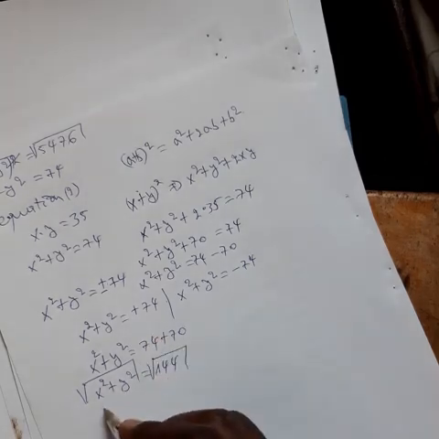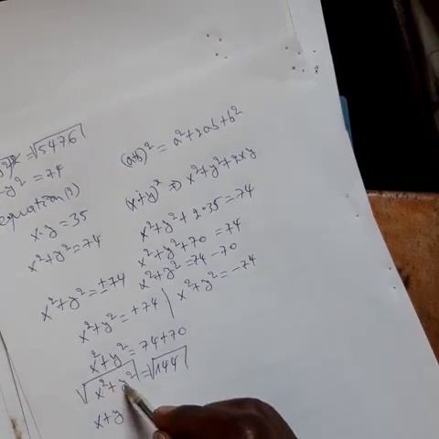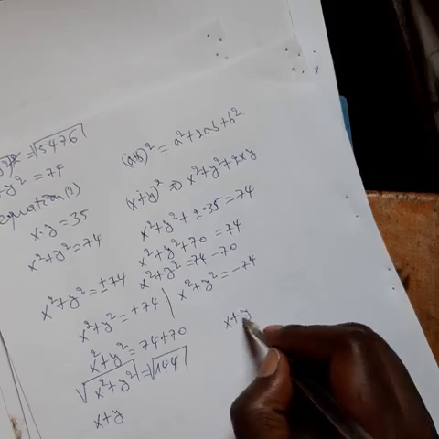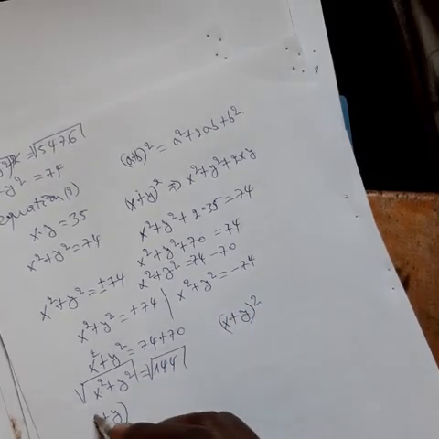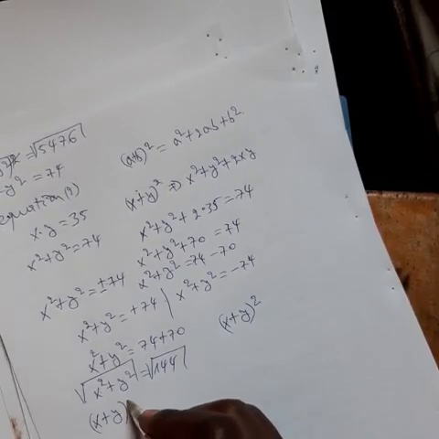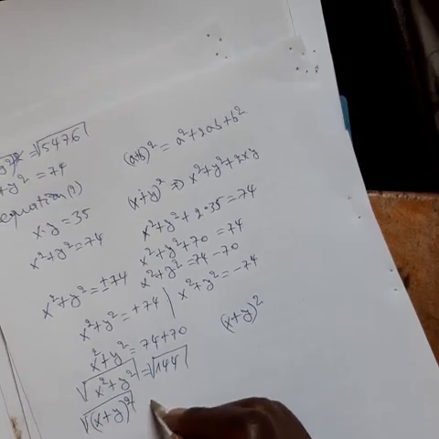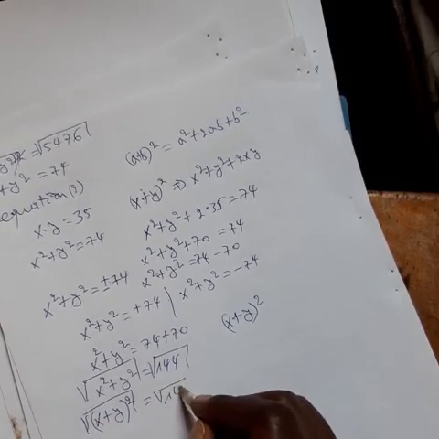Here we will have x plus y, and this comes from (x plus y) squared. So we take the square root of it, which will be equal to the square root of 144.